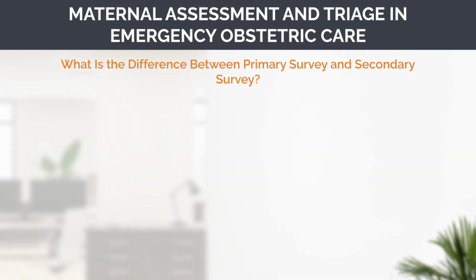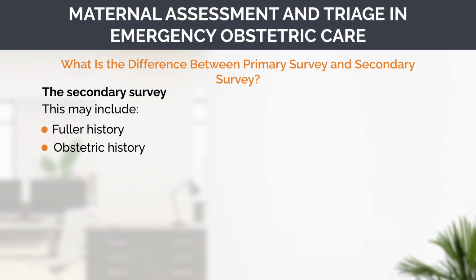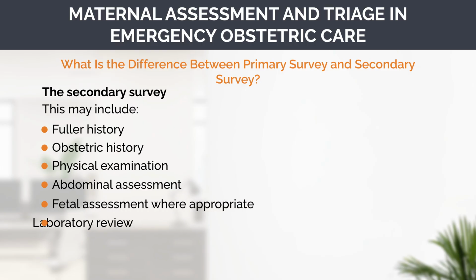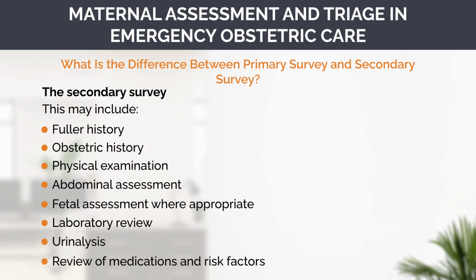Then we move to the secondary survey. This may include fuller history, obstetric history, physical examination, abdominal assessment, fetal assessment where appropriate, laboratory review, urinalysis, and review of medications and risk factors.